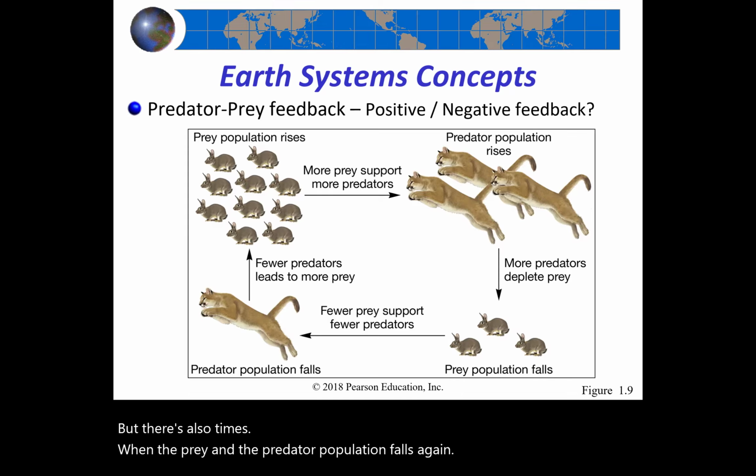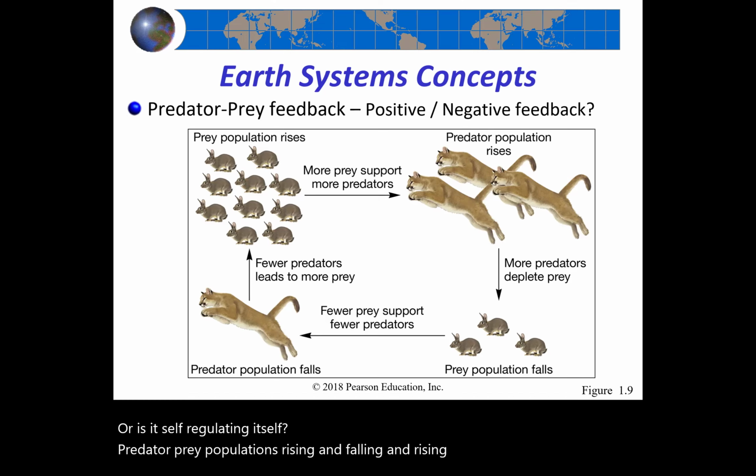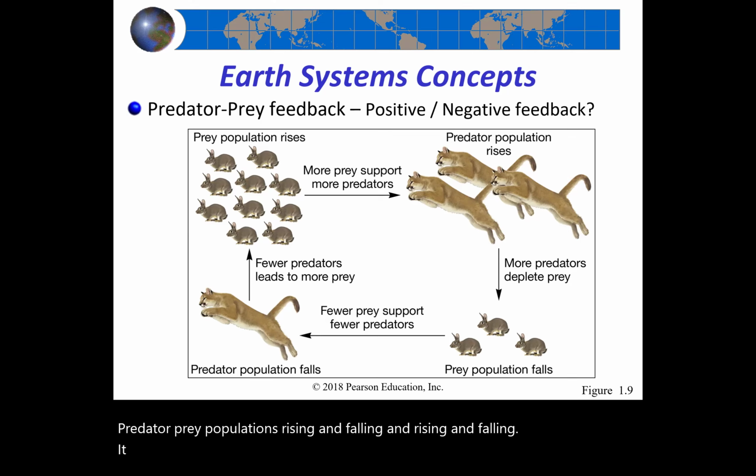So is this a system running wildly out of control with a positive feedback loop, or is it self-regulating with predator and prey populations rising and falling and rising and falling? It is negative feedback. This is a negative feedback loop.